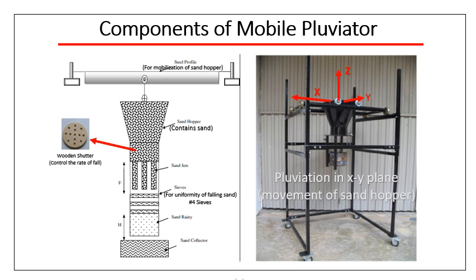And there is H and F. H and F are the heights, but F is a fixed height, which is from the topmost sieve to the wooden shutter, and H is adjustable, which is from the bottom of the sieve to the container in which the sand rain is falling.